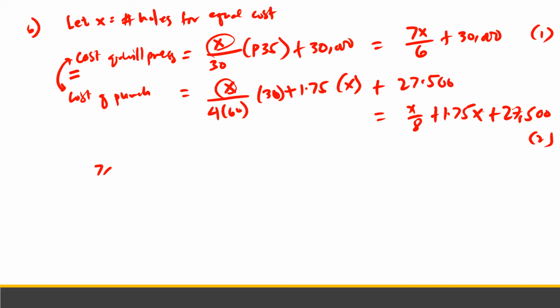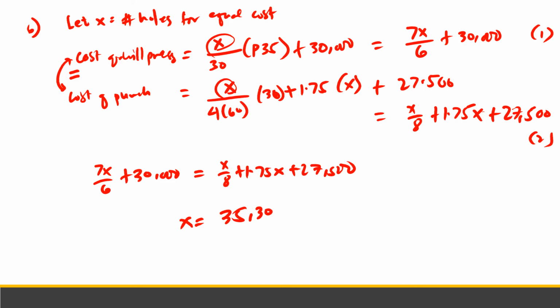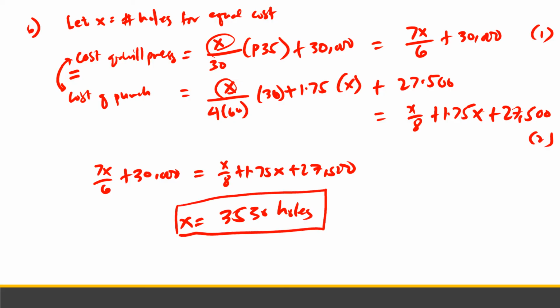So equation 1 is 7x over 6 plus 30,000 equals to x over 8 plus 1.75x plus 27,500. So x is equals to 3,530 holes.